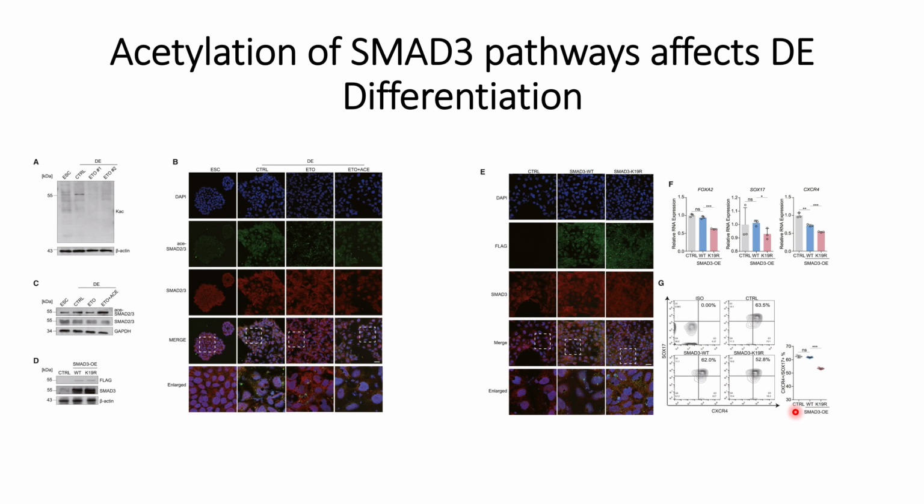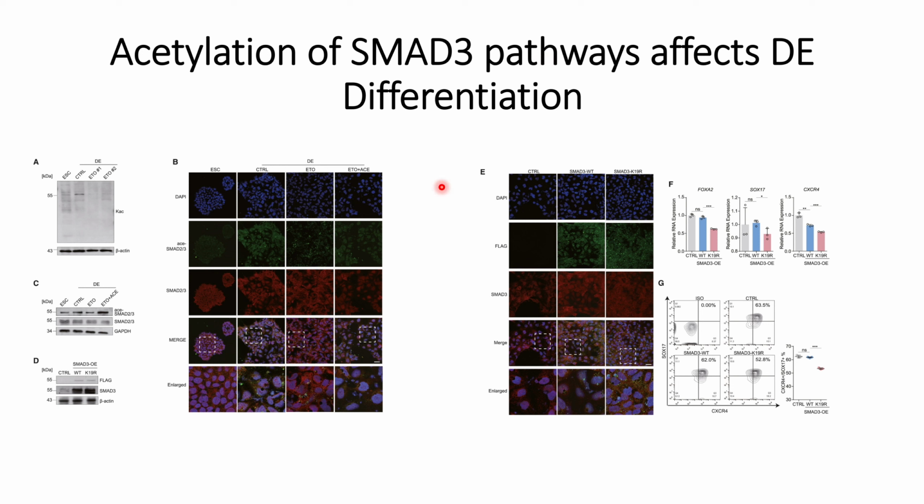However, there is no significant difference between the gene markers of the definitive endoderm in the control and the wild type. So all this data indicates that the SMAD3 nuclear localization, that is, acetylated SMAD3 that helps in the translocation of these SMAD3 proteins into the nucleus, results in the differentiation of the embryonic stem cells. So this is the final outcome that they found in this paper.